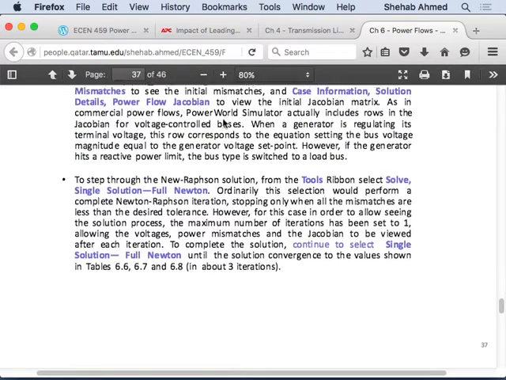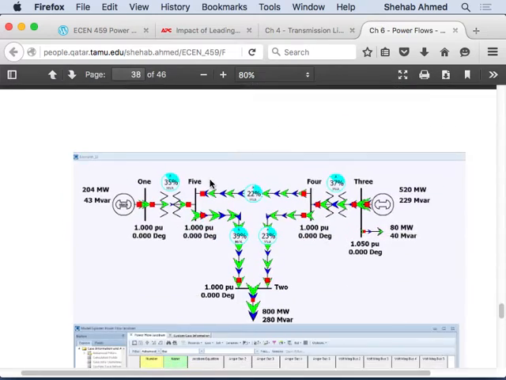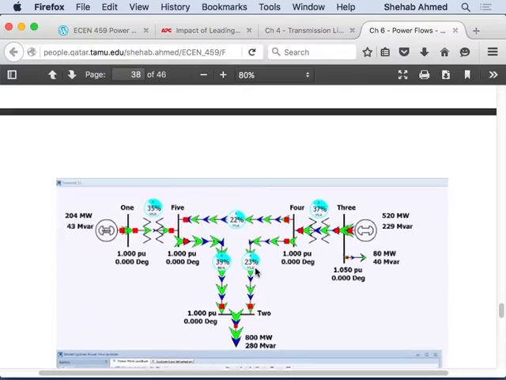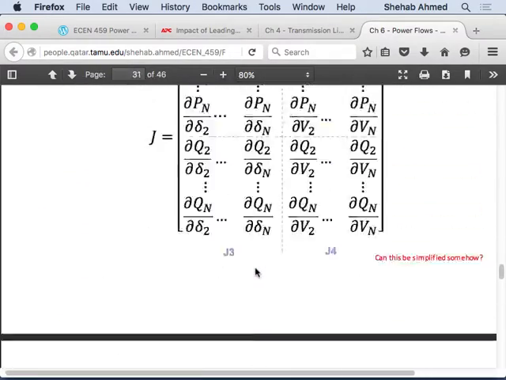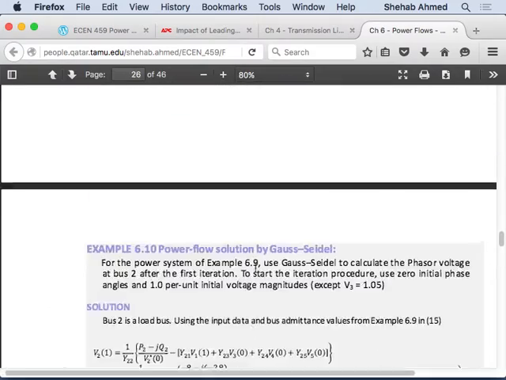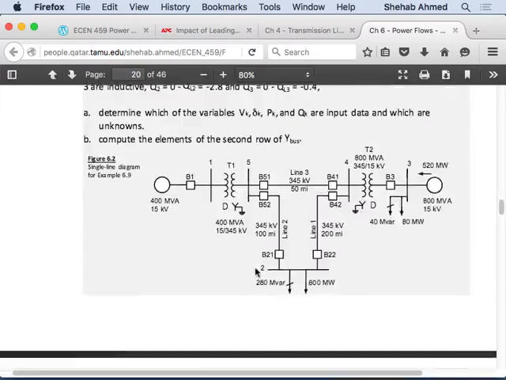So this slide shows you how to check your answer. This 5-bus example is the same example that we've been playing with, the same system that we have all the way up here.